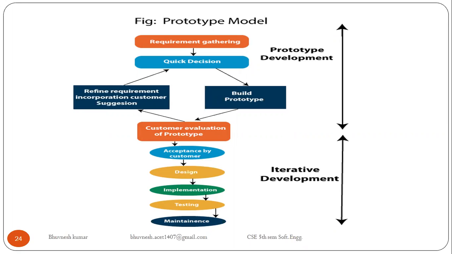It means he has accepted that dummy, then the developer will go for the next phase, that is design. Now your waterfall model concept comes again in this prototype: design, then implementation, that is coding, then testing, then maintenance.